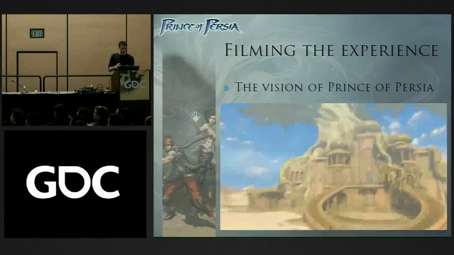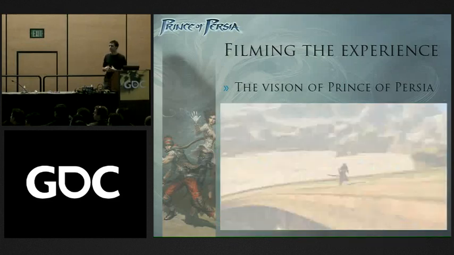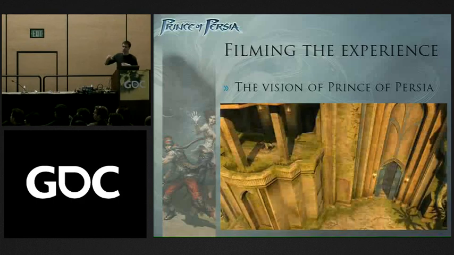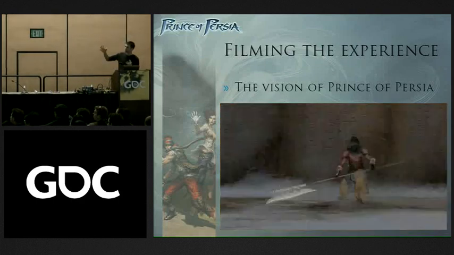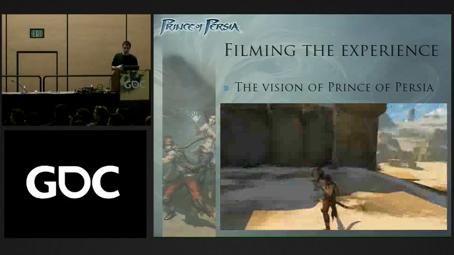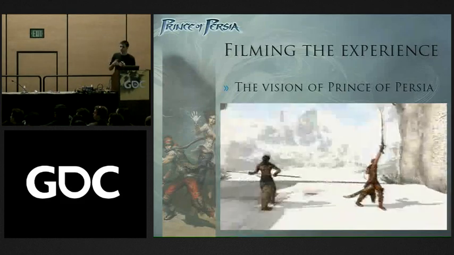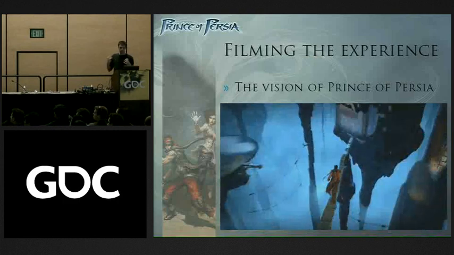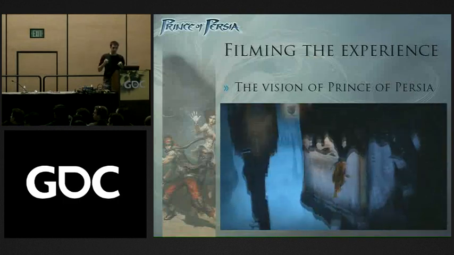First thing, we wanted to create something that is very cinematic. So we wanted very beautiful vistas. We have huge palaces and things like that, so we wanted to show that in a beautiful way. Another thing that we wanted to have is a certain sense of fluidity.